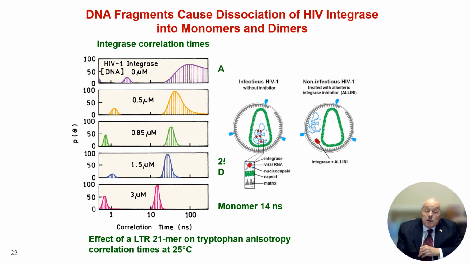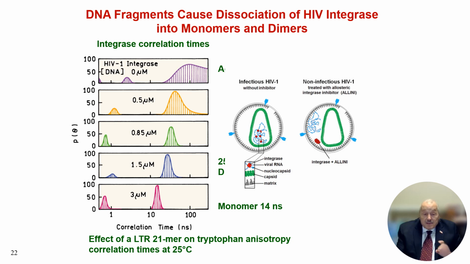Now, the data here are presented like they were for the annexin in terms of the correlation time distributions. So let's look at this set of correlation time distributions, and it's easier to start at the bottom. What they were adding was a fragment of DNA, unlabeled DNA, to this protein, and they were measuring the anisotropy of the tryptophan.